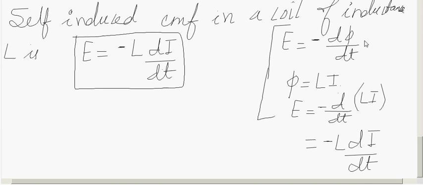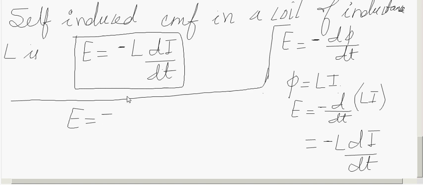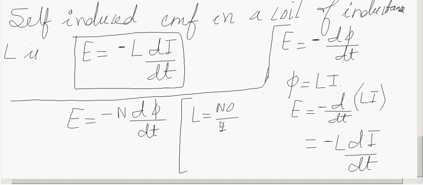If you want the number of turns in a coil, then also you can substitute that and you will definitely get the same equation. I'll just show you that also. If there are N number of turns, E is minus N into d phi by dt. And what is flux we have? We have L as N phi by I, or from this the flux will be Li by N. Now you substitute that, N will get cancelled.